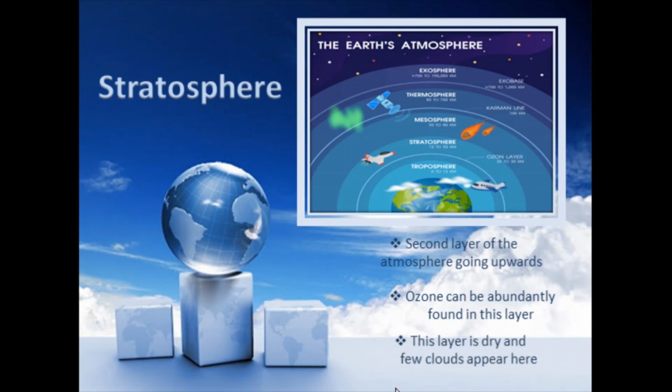Last, this layer is dry and few clouds appear here. Let's read together. This layer is dry, unlike the troposphere, which is wet.